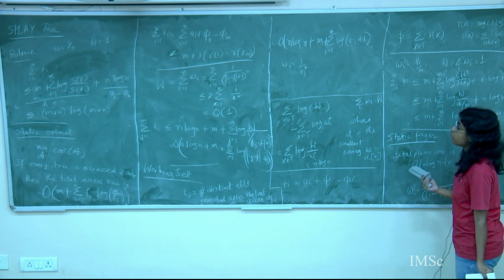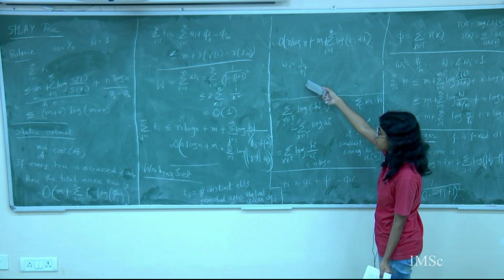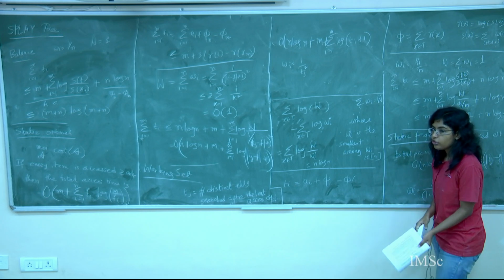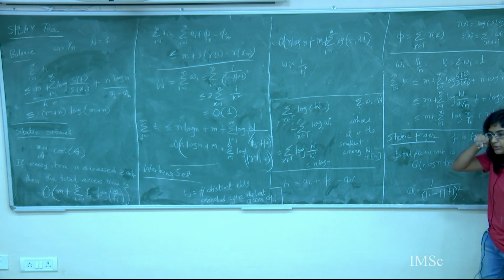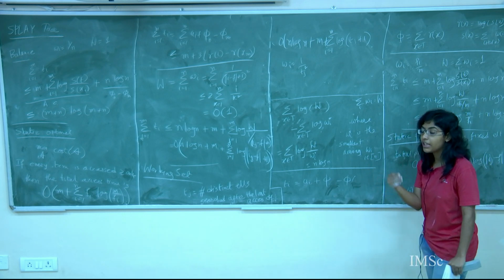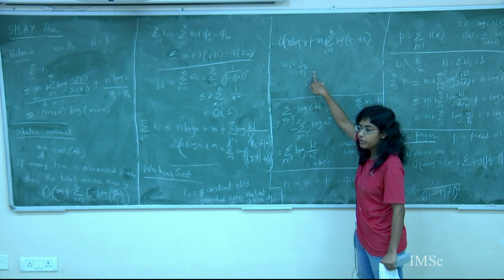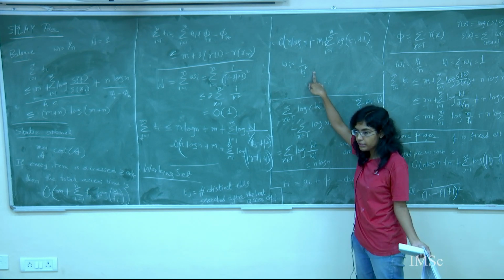But one thing you should notice is that tj is changing with the sequence. The last element you accessed will have 1 by tj square to be 1. The element you accessed before that will have 1 by 2 square.